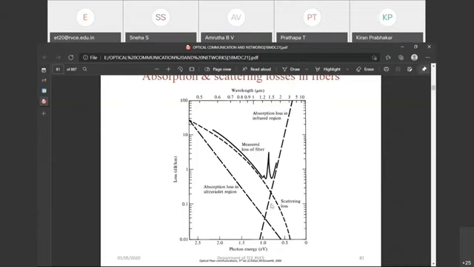If you see that you are in the infrared region, the absorption loss increases and the scattering loss is reduced. You have to find a region, the attenuation window somewhere over here, wherein both the attenuation as well as the scattering are at a minimum. That's how we normally choose the particular window.